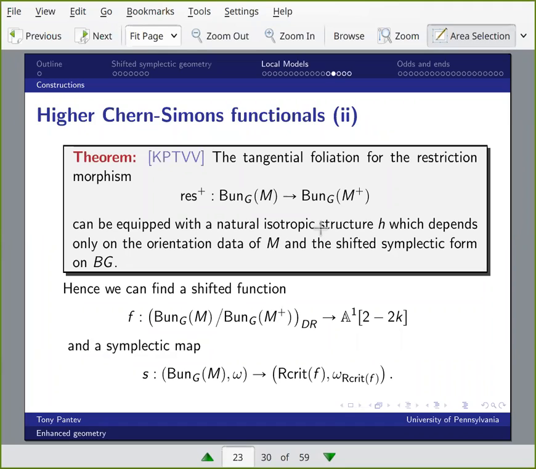But there is a problem with the specialization in the degeneration, which is kind of hard. I think we solved it. We can define the specialization in the degeneration, but we couldn't prove that the tangential foliation for the restriction to one of the Fano components is isotropic. We couldn't construct the isotropic structure. Maybe we weren't clever enough. But this is already geometric, not categorical. And how would you do this categorically? I don't know.